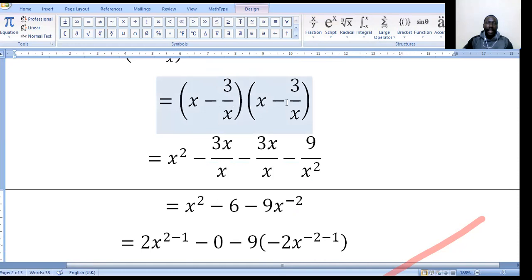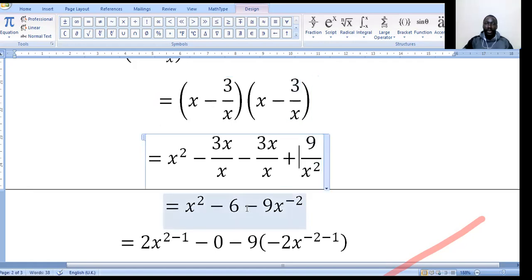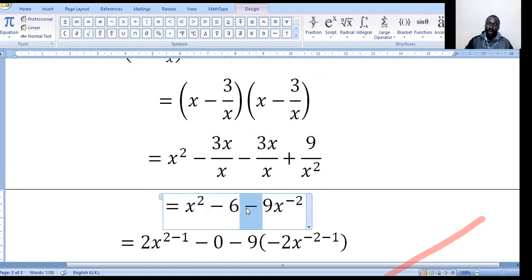We did not indicate this nicely. When you multiply this quantity here times this other one, you get 9 for numerator, correct? X squared for denominator, but there is this minus and minus, which is supposed to multiply this one here. So this one would become positive.